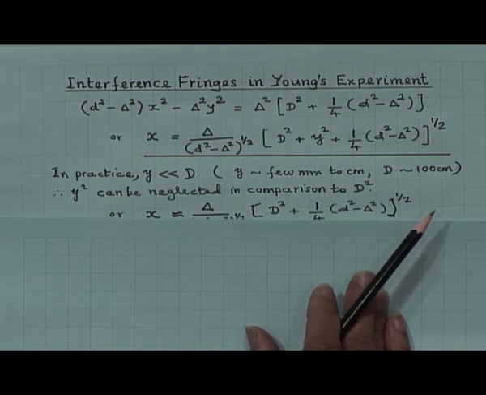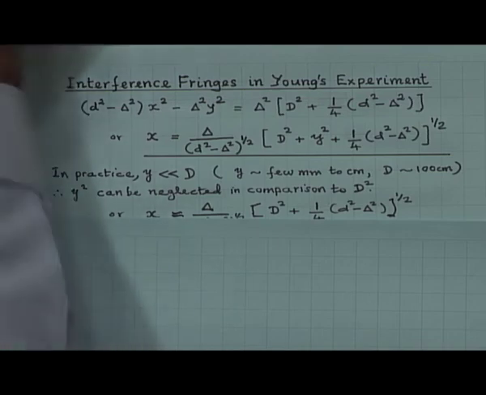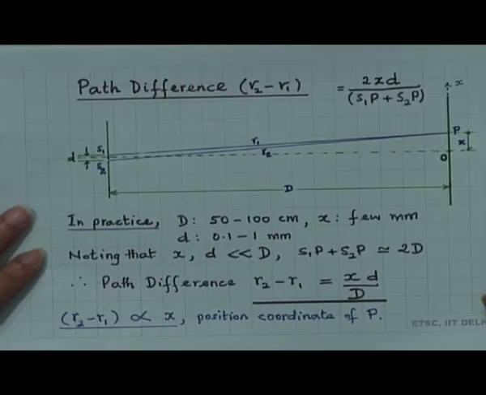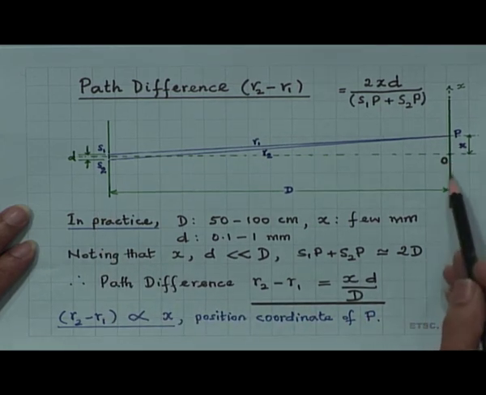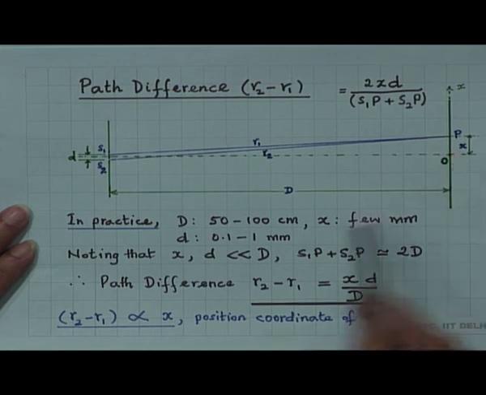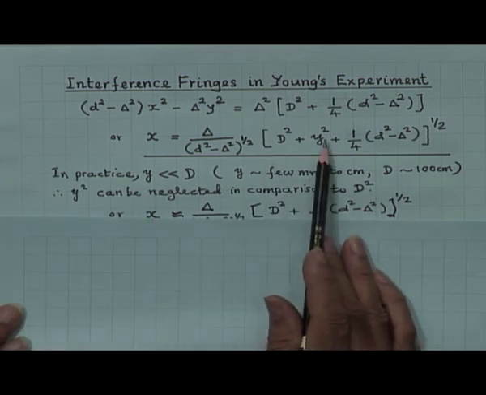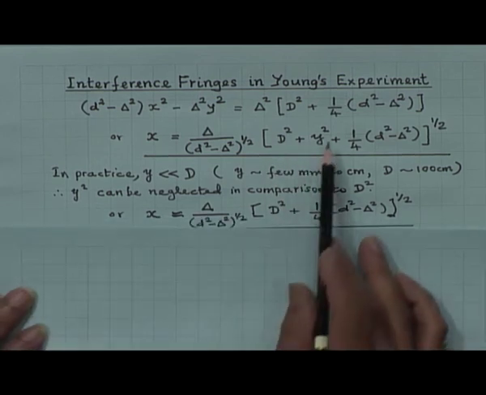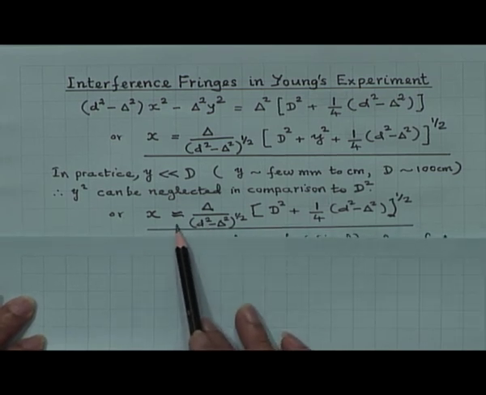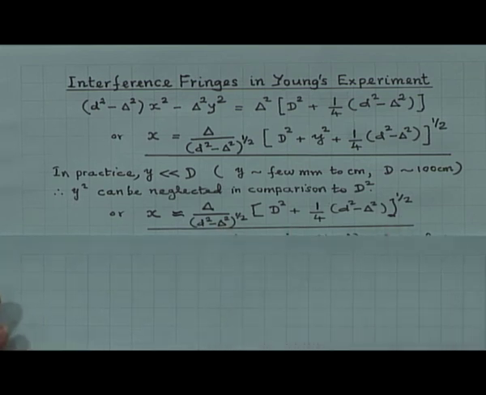I showed you a practical arrangement where the distances are very large. So, d is much larger compared to x and y on the screen. This is millimeter square, this is 100 centimeter square, and therefore we can write x approximately equal to this, which is a very good approximation.